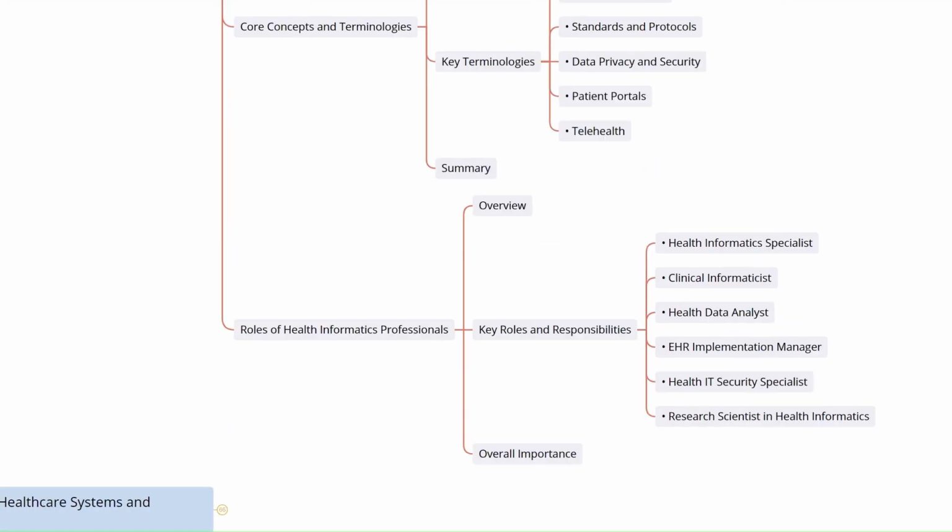Roles of health informatics professionals. Health informatics professionals sit at the intersection of healthcare delivery and IT, encompassing various roles including health informaticians, clinical informatics specialists, and health IT analysts.